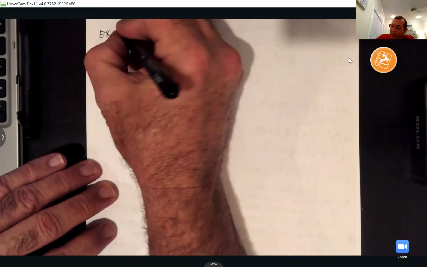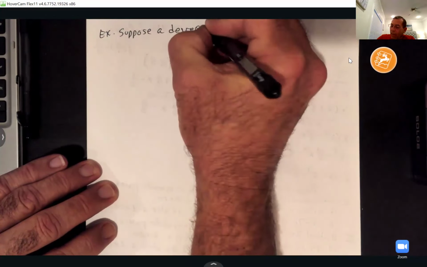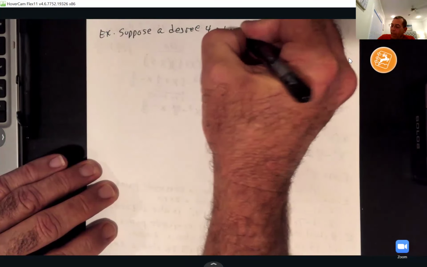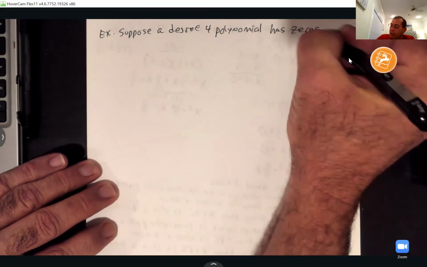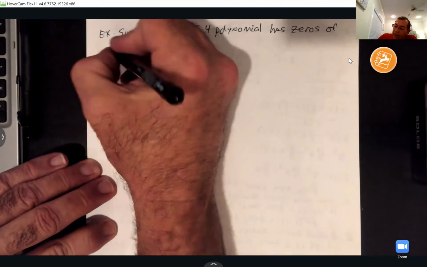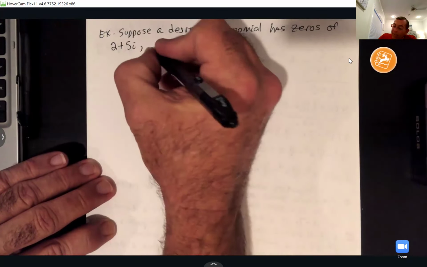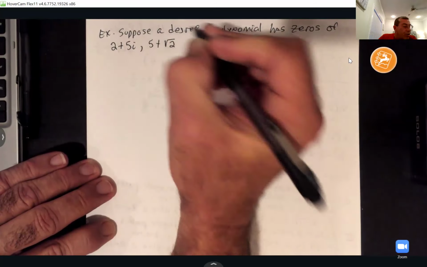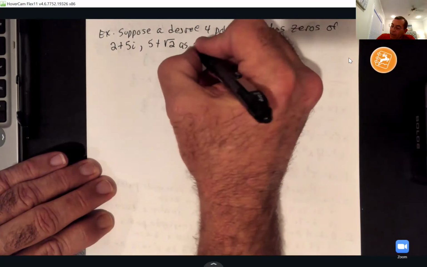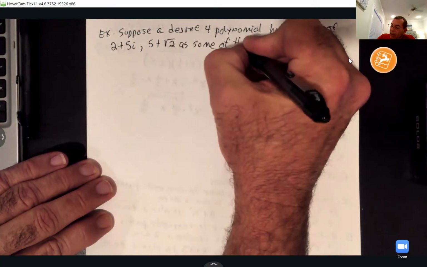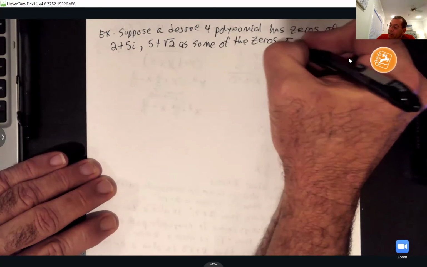All right, so again, suppose you got a degree 4 polynomial that has zeros of 2 plus 5i and 5 plus square root of 2 as some of the zeros. Find the other zeros.